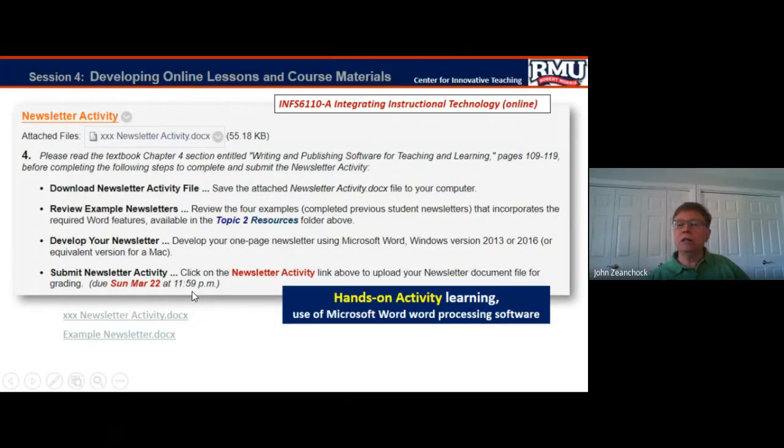And as I mentioned, this is done both when I teach this course online, and also on ground. But when it's online, you just have to be much more explicit in terms of what you want them to do, so that they have no question. I've used this for a number of years, and I never really get any questions about it. They just do it, and the next week it's done, and then I grade it.